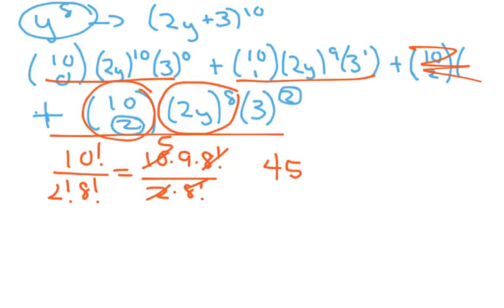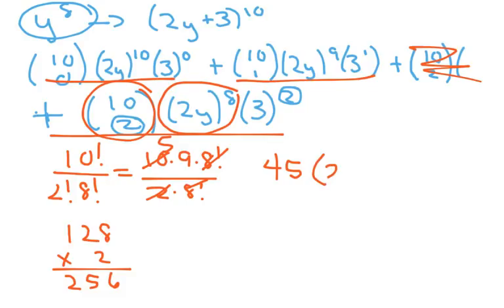Oh, Lord, 2 to the 8th. 2 to the 7th is 128. 128 times 2 would be 256.